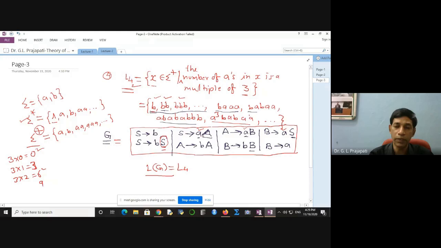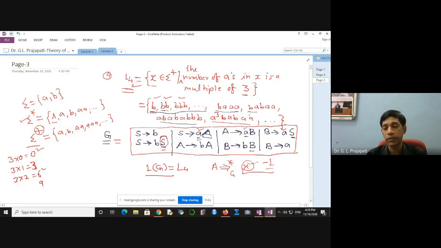Here once you have the A, whatever string you can generate starting from the non-terminal A, by using these rules of the grammar, what you will find? Here you will find the x in which the number of a's is a multiple of 3 minus 1. So here 1 less, because you have used 1 here.